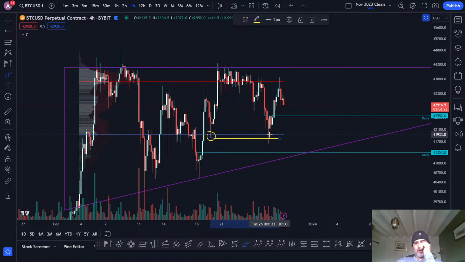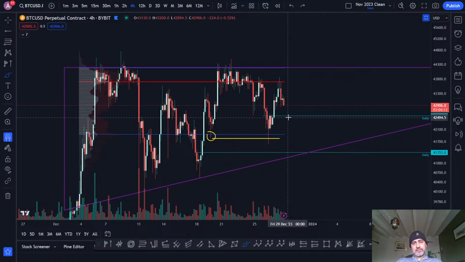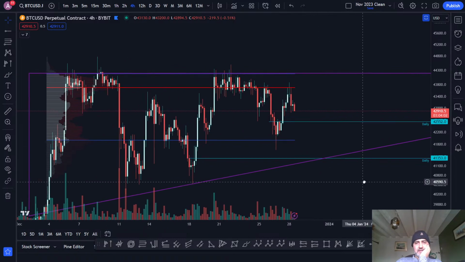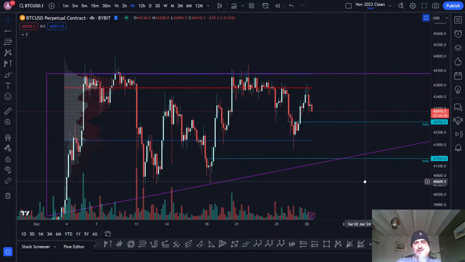The idea was to trade it from the value area low all the way up to the point of control. I've taken most of the profit now. I've taken 3 take profits. I'm still in the trade with a runner, but if this continues to show weakness, I'll probably get stopped out. That's fine because I've made the profit.